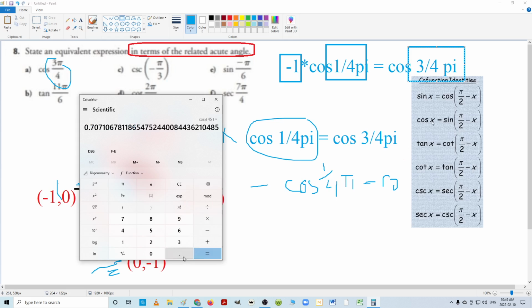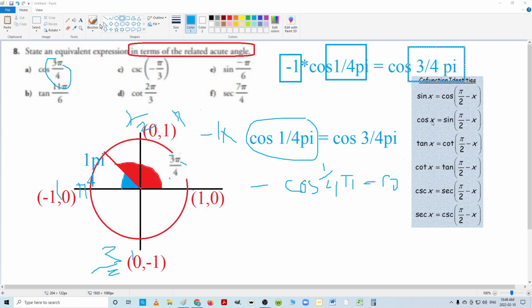To make them equivalent, I have to multiply this by -1. Now they're equivalent. That's what equivalent means. One value on the left must equal the value on the right. Well, the value here is negative, and the value of this part here is positive. So to make it equivalent, I have to multiply it by -1.